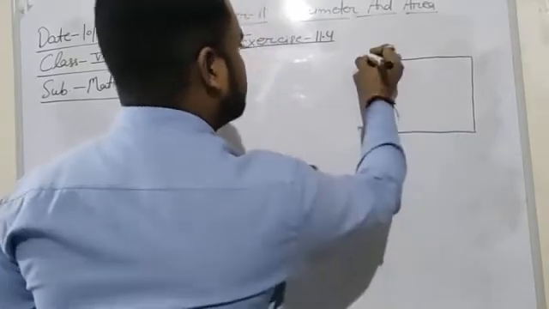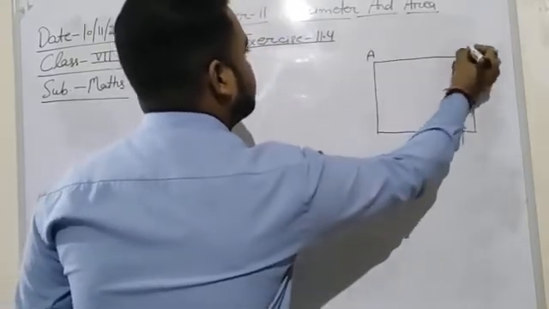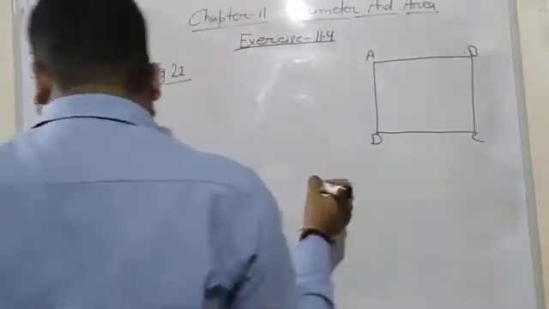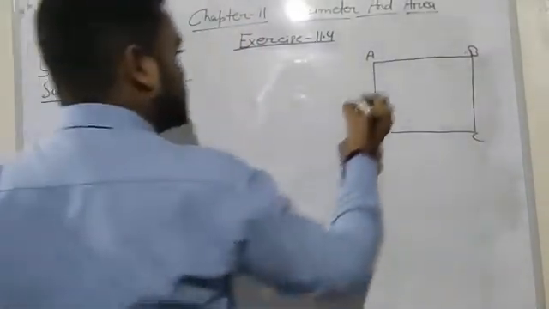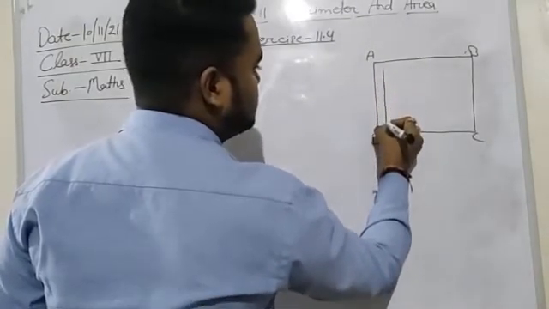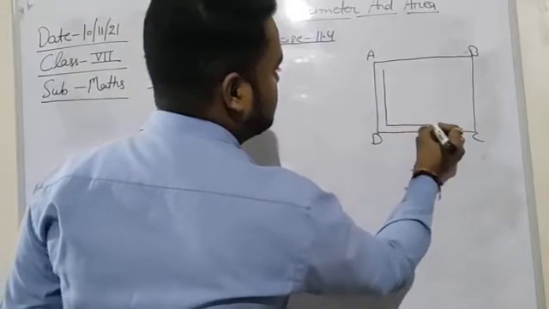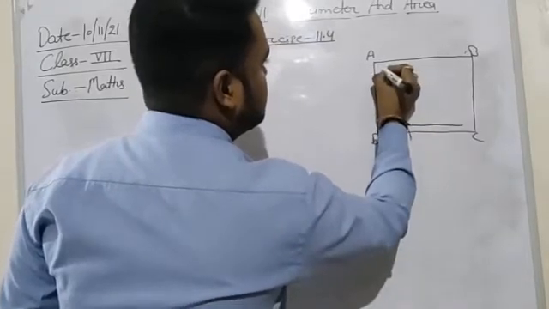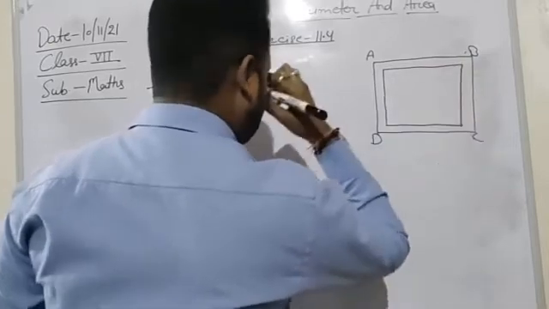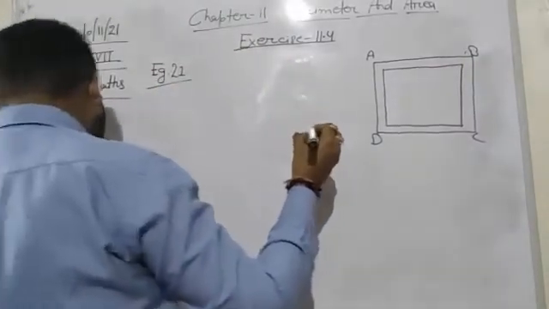There is a square ABCD, and under it there is another square. The name of the square is PQRS.